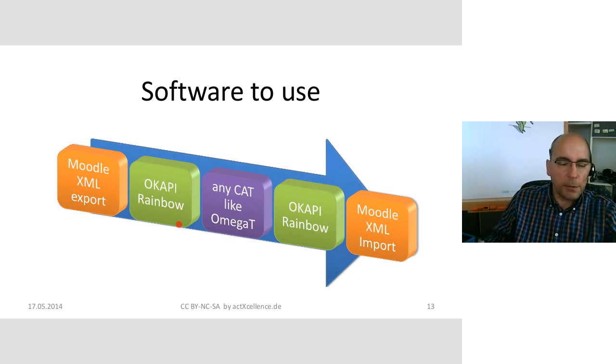But the very good thing is that it's really standard and it can be used by other tools like Okapi. And you export this XLF and you can use a very professional but still open source and free tool. It's called OmegaT. There are other tools, but I found this one is very convenient and I can really recommend it to look at it.